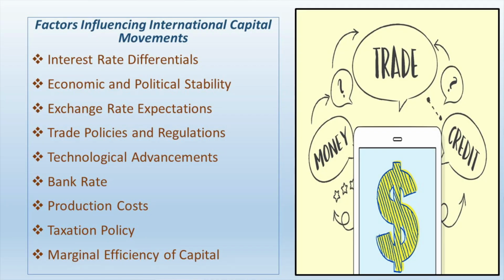Now another important factor is economic and political stability. Unless the investor is certain about economic and political stability, they will not invest in those countries. So countries with stable economics and governance attract more foreign investment, whereas political uncertainty leads to capital flight.